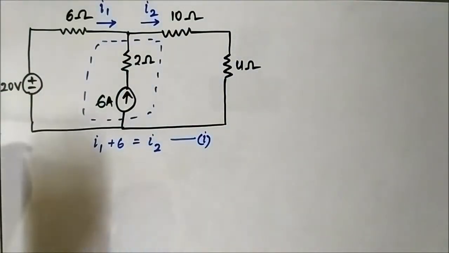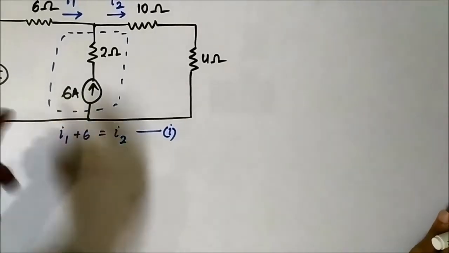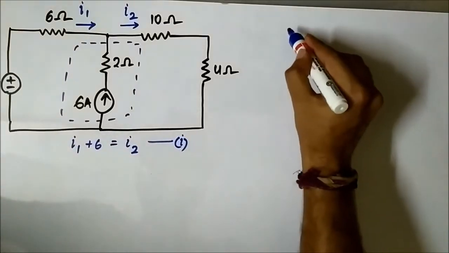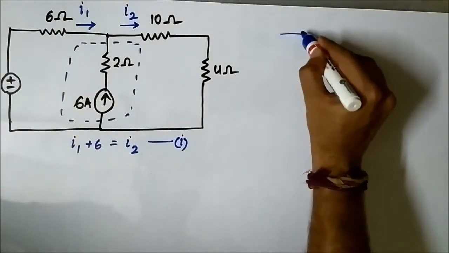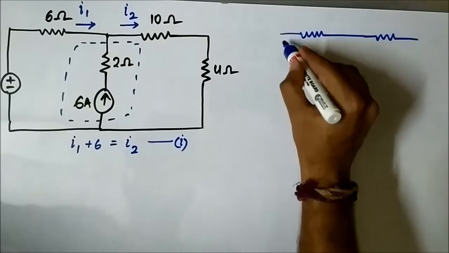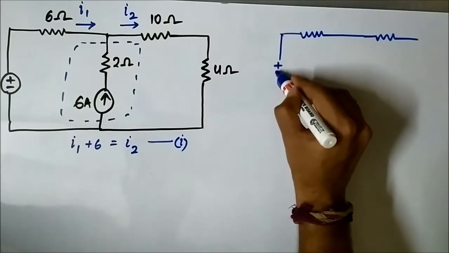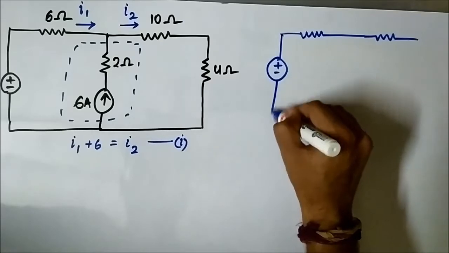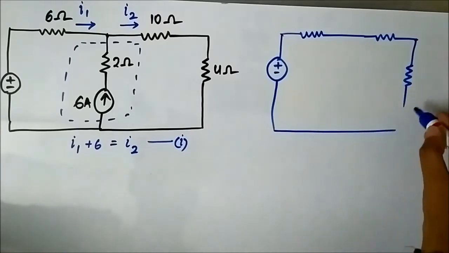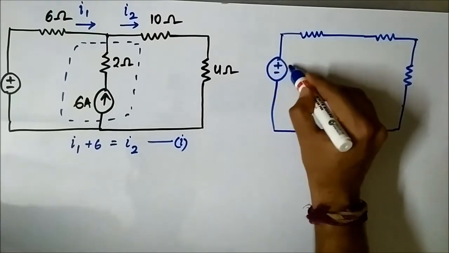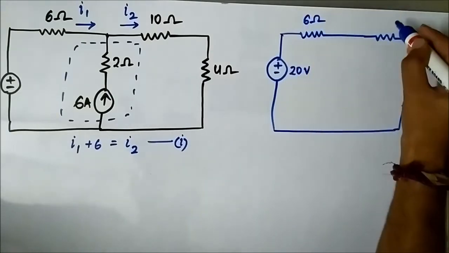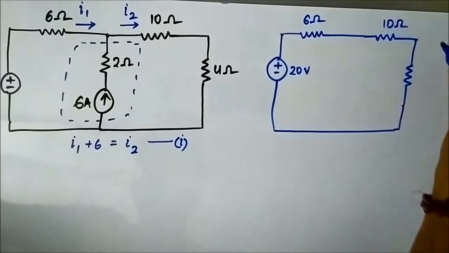If we remove them, the circuit will look something like this. This is 20 volt, this is 6 ohm, this is 10 ohm, and this is 4 ohm.